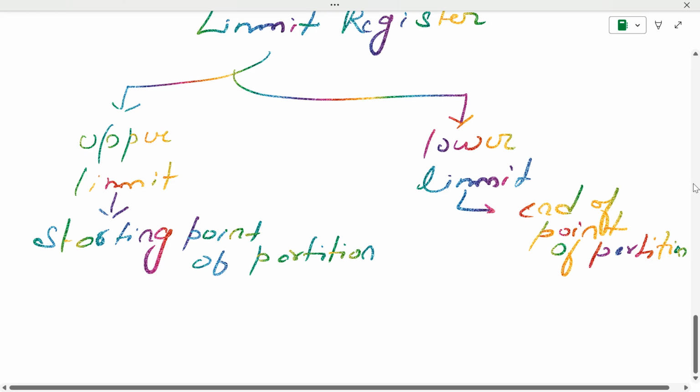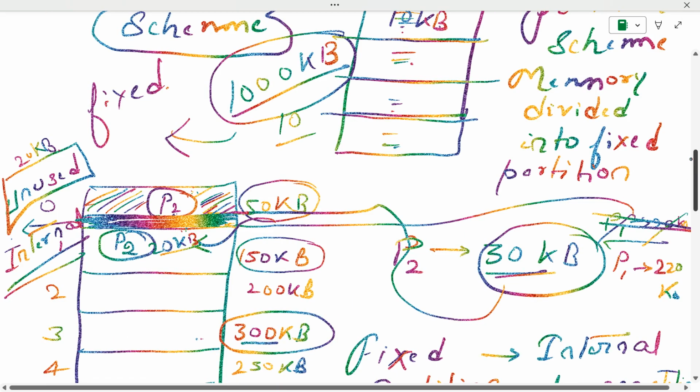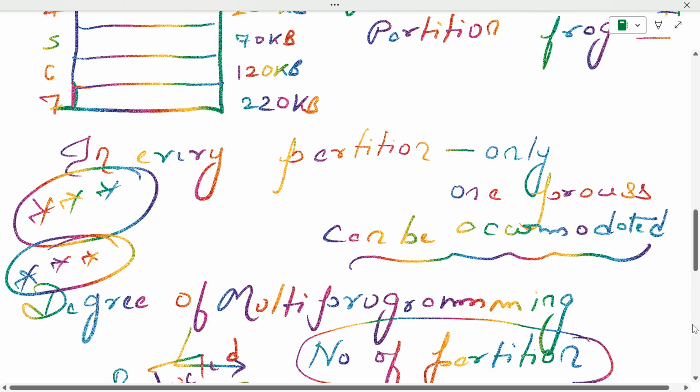So let's recall what we have seen. In fixed size partition, we have divided the memory into fixed size partitions that are going to remain fixed. Even if a process comes with a lower size, we can't use the remaining space. So this leads to internal fragmentation, unused space, so it is a wastage of memory.